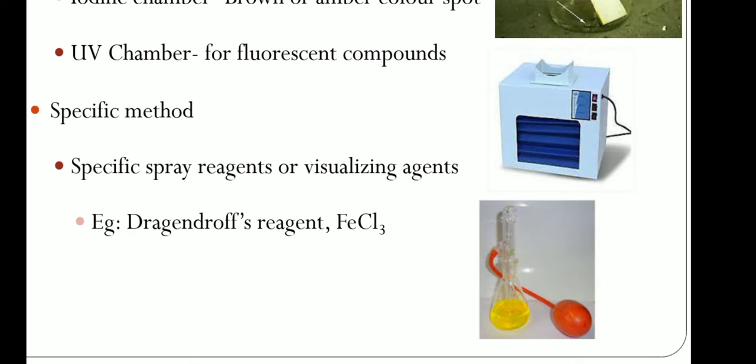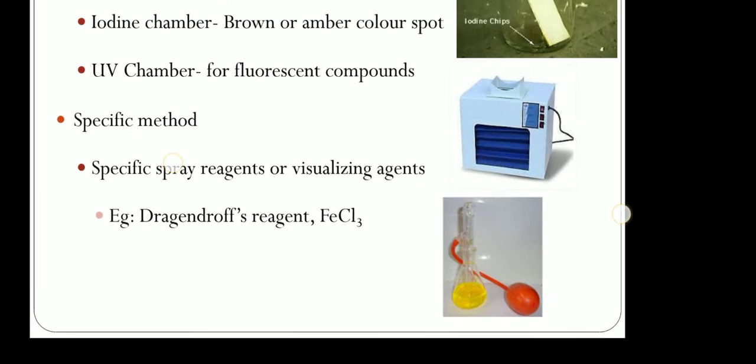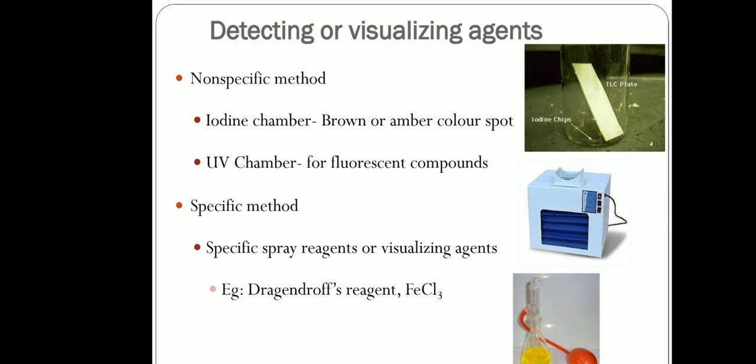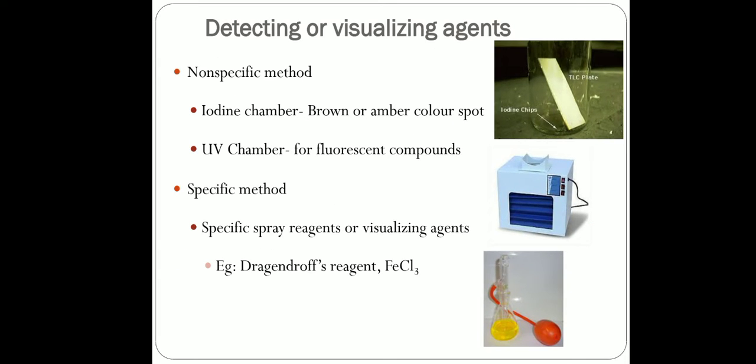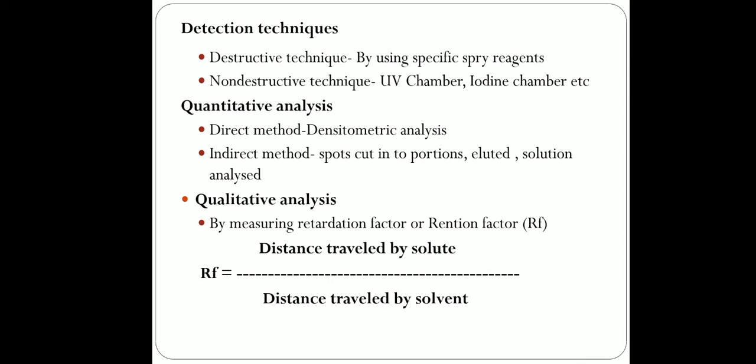Like this, specific reagents or visualizing agents are used. That is the specific method. These are the two types of detecting or visualizing agents, specific method and non-specific method. Then next, about the detection techniques. Based upon the detecting agent, the detection techniques may be destructive or non-destructive.